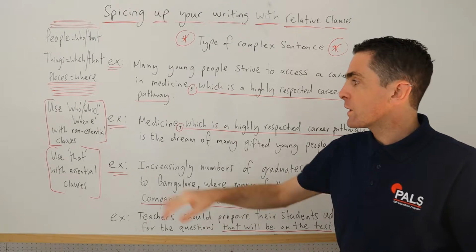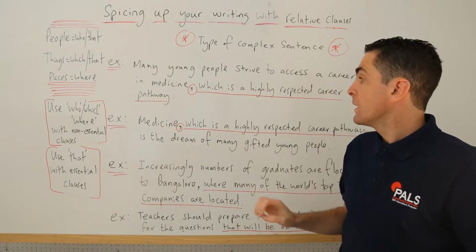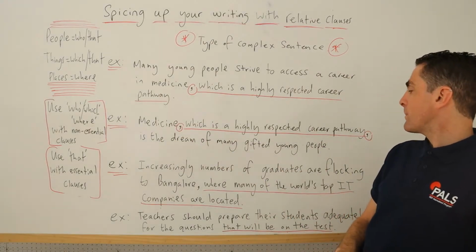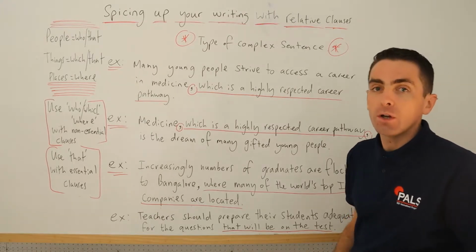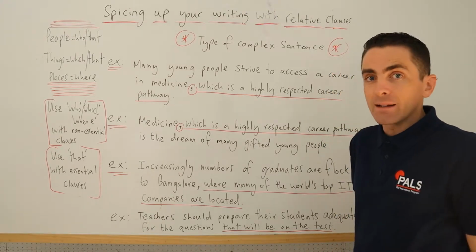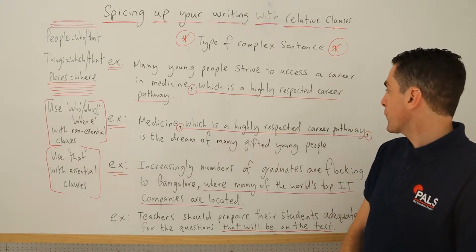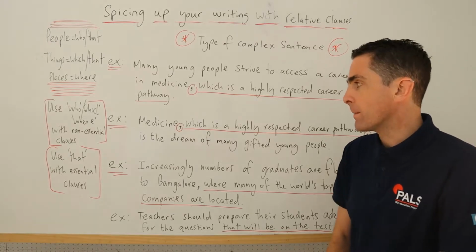Okay? So let's look at another example. This one we switch it. Medicine, comma, which is a highly respected career pathway, comma, is the dream of many gifted young people.